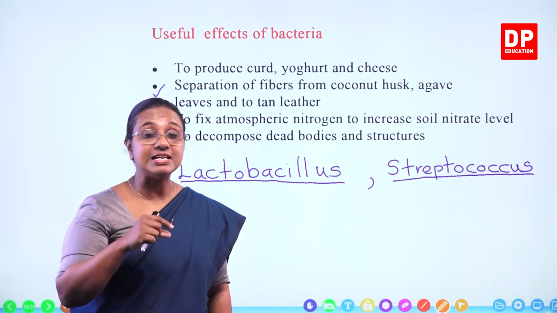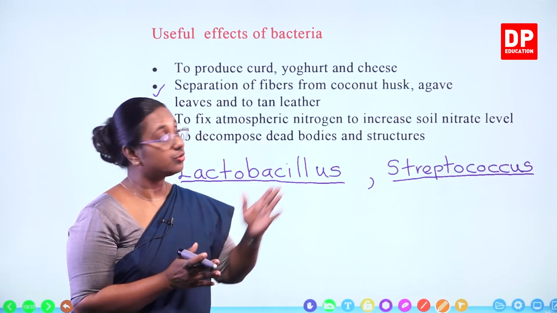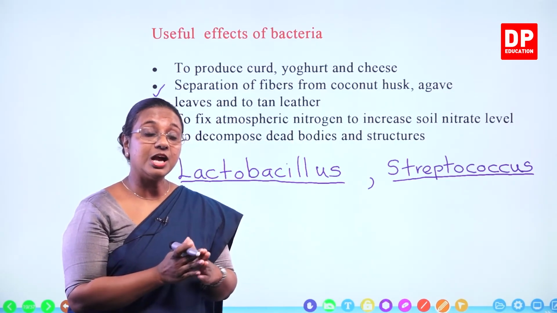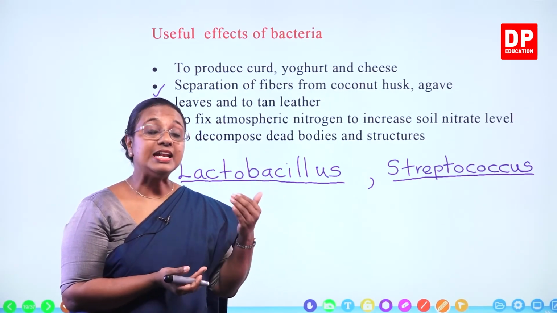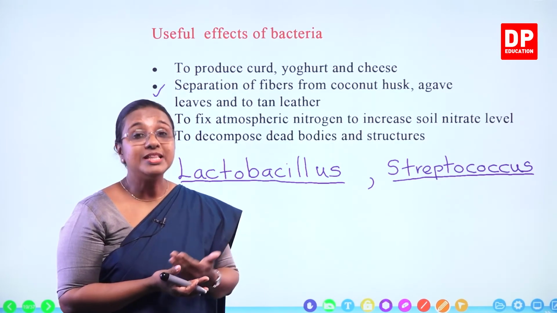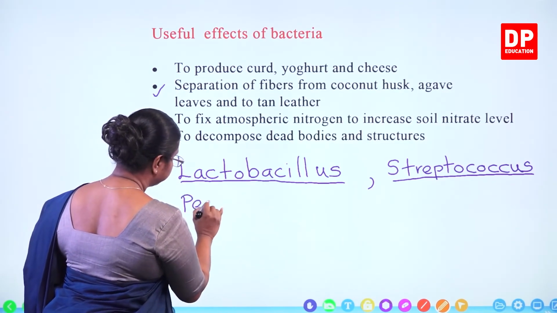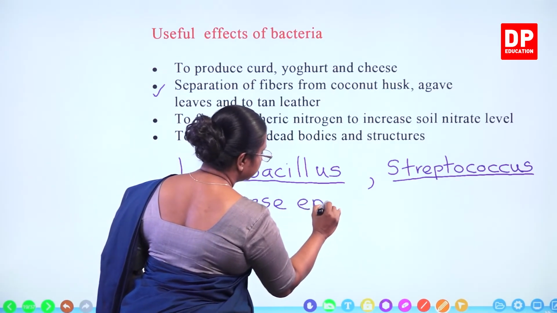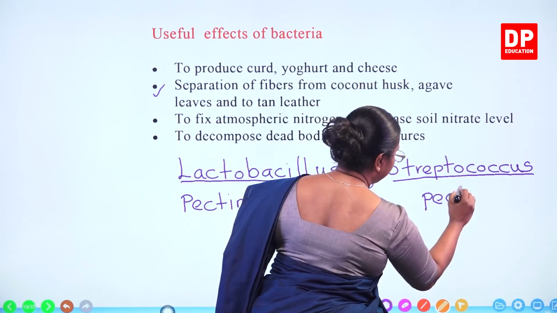Pectate is a paste-like substance present between the fibers of these plants. So when you soak this fiber in water, there is bacteria that has an enzyme called the pectinase enzyme, which is used to digest pectate.